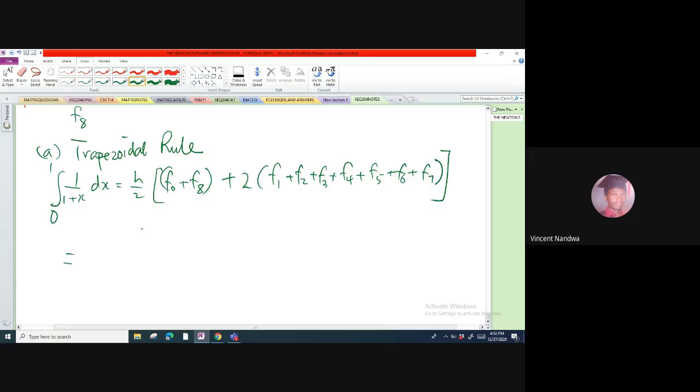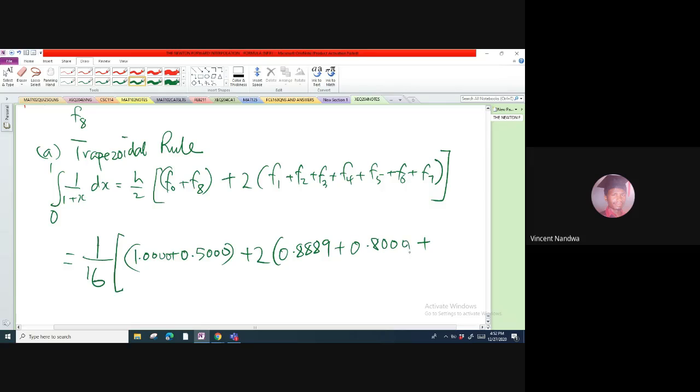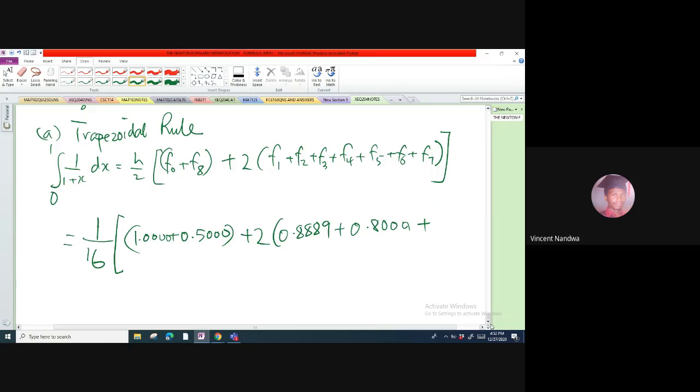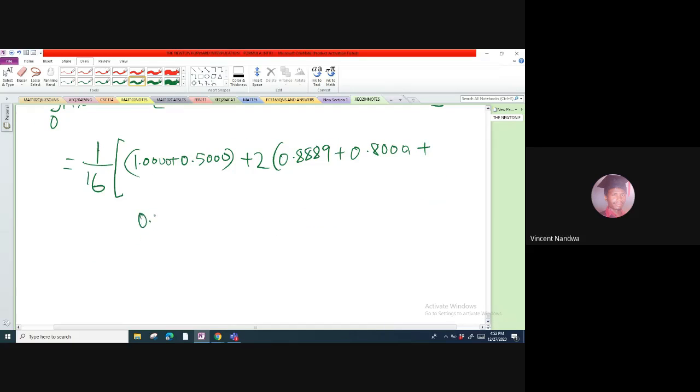For this case h is 0.125, so dividing by 2 we get 1 over 16 into 1.000 plus twice 0.8889 plus 0.8000 plus 0.7273 plus 0.6667 plus 0.6154 plus 0.5714 plus 0.5333.